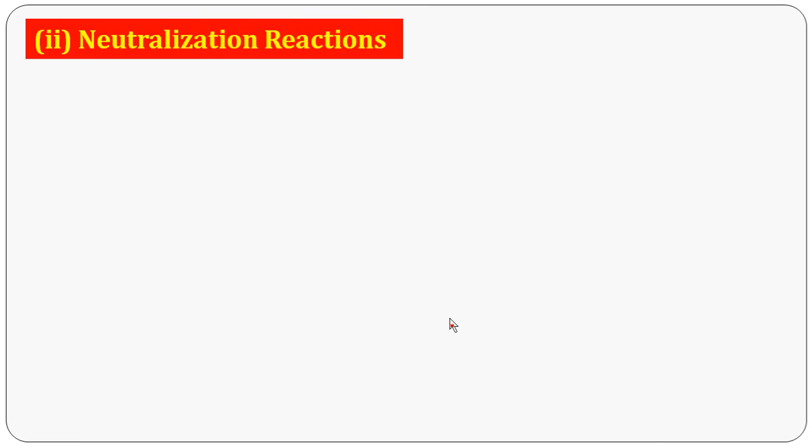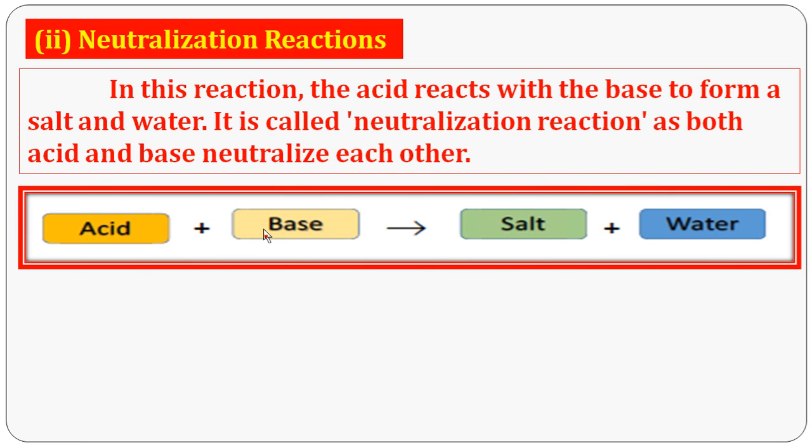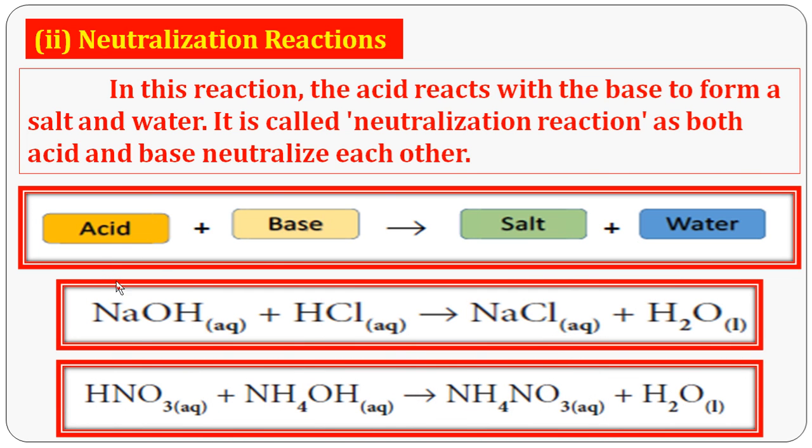The second type is neutralization reaction. In this reaction, the acid reacts with the base to form salt and water. It is called a neutralization reaction, as both acid and base neutralize each other. For example, sodium hydroxide, NaOH, is a base. It reacts with an acid, HCl, to form NaCl, a salt, sodium chloride, and water, H2O.